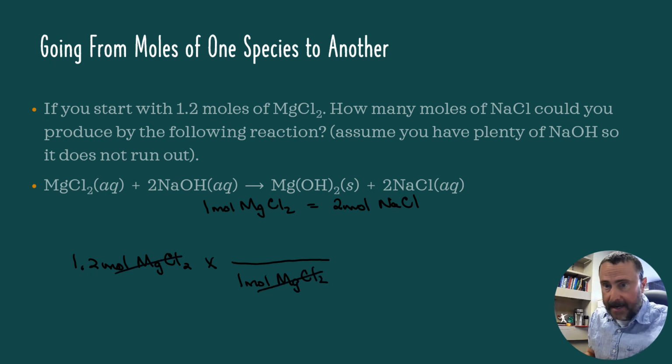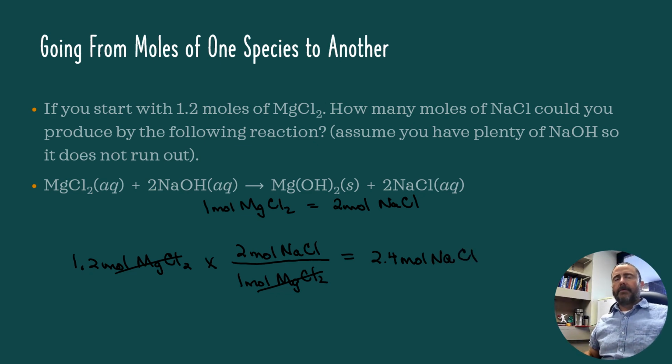Boom, canceled out. And I'm going to put the sodium chloride on the top so that we get that. And so we get this to be 2.4 moles of sodium chloride. Right? That's all we're going to do for our stoichiometry stuff.